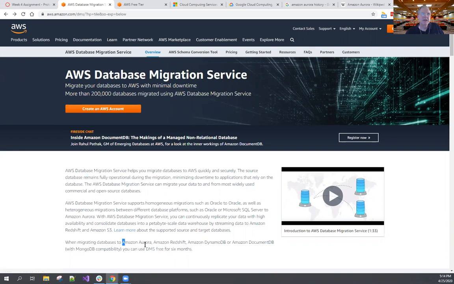If you are migrating to these particular database types, then you can get this service for free. But keep in mind that all of these are not free databases. Let's just double check.